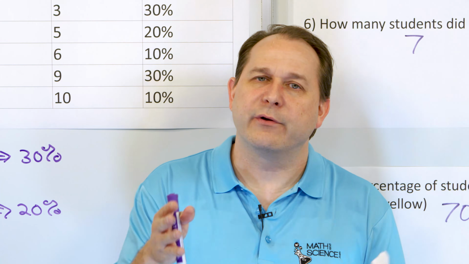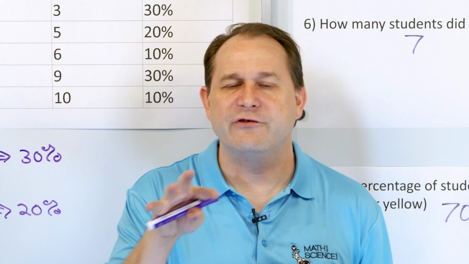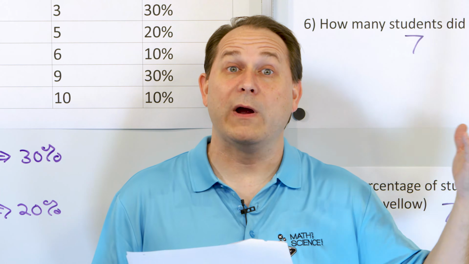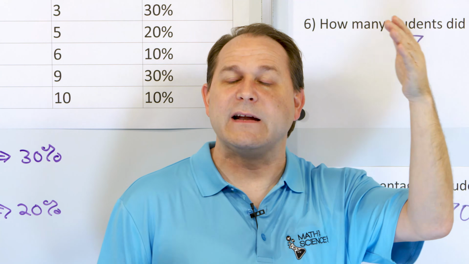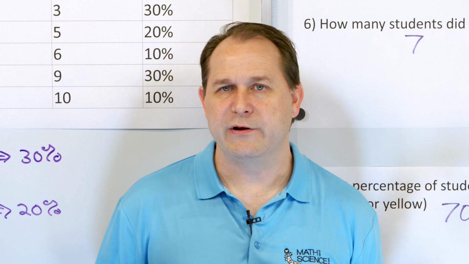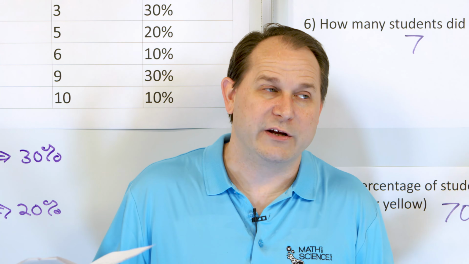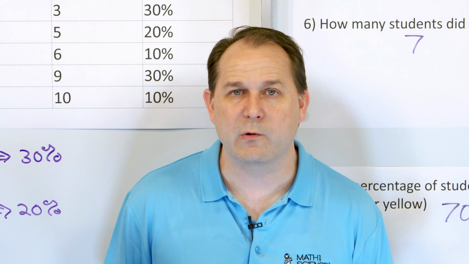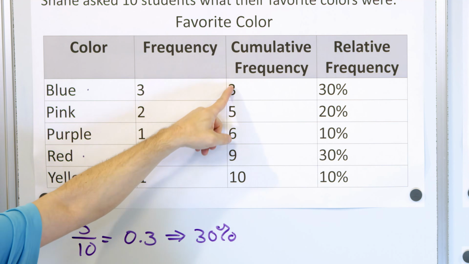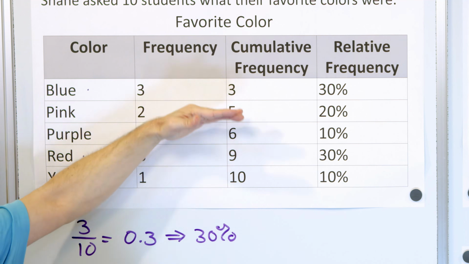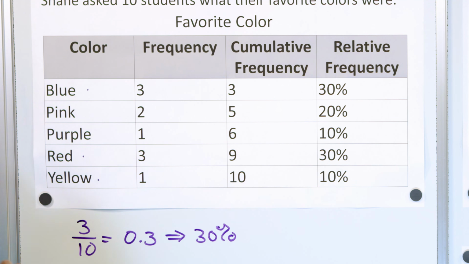Instead of listing every result, you just tally up the total number of each little category. And then we had the relative frequency, which is just figuring out how many respondents we had divided by the total number and converting that to a percentage. Now you know one additional reason why percentages are so important. And then the cumulative frequency column is mostly used basically because we have to add them all up anyway, and we just make a line item in the table to be able to add them all up.